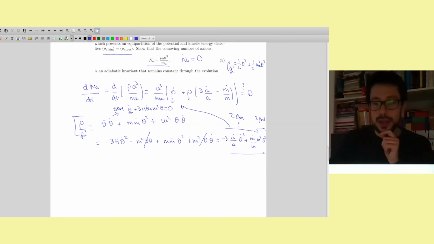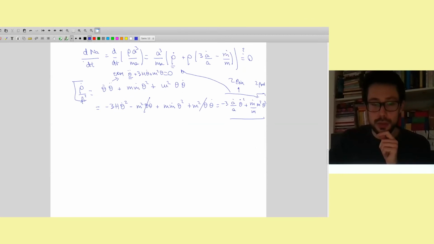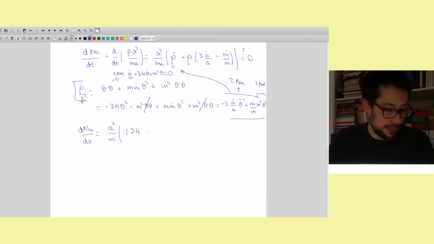So then once we put all this together into dN_a/dt, it is really easy to obtain that it will be equal to a cubed over m times 3/8 plus m dot over m times potential energy density minus kinetic energy density.